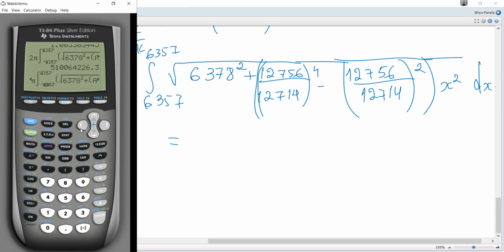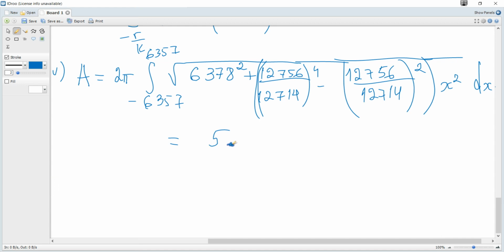So it's 2π integral of this value to the power of 4 minus to the power of 4 x squared, and we get this result. We need 4 significant figures in scientific notation, so it becomes 5.101 times 10 to the power of 8 kilometers squared. And that's all for this question.